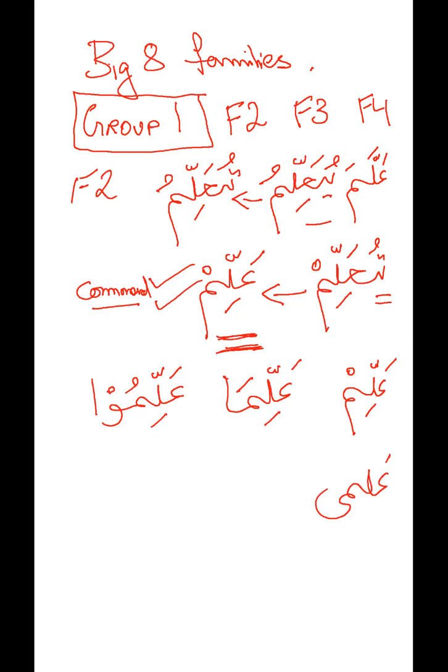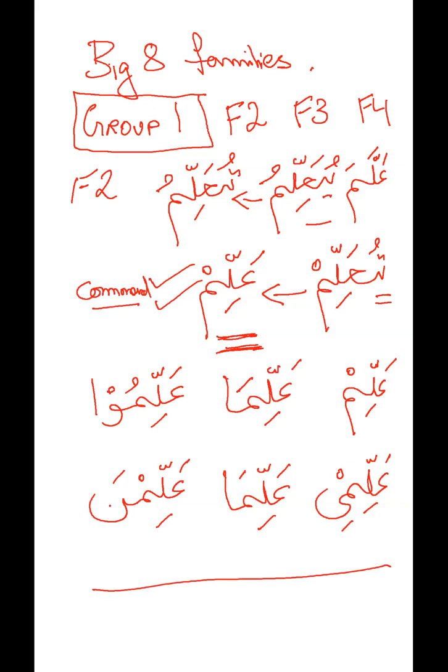The rest is the same, nothing has changed. Then Allima, and Allimna. Excellent, and you're done. This was easier because you didn't have the helper alif to contend with, and you did the 6 words. So this is the command of family 2 done.